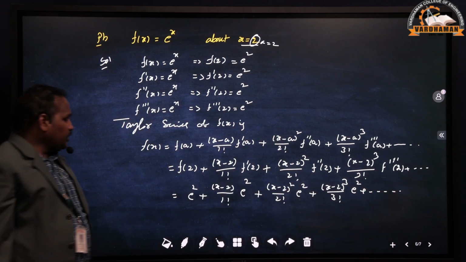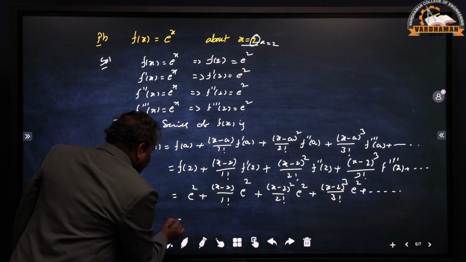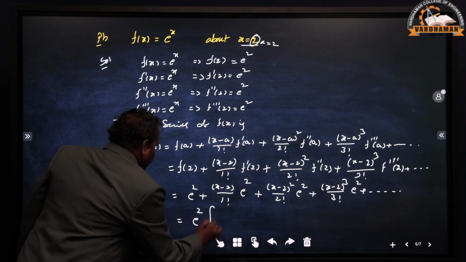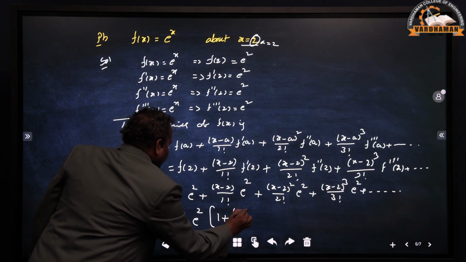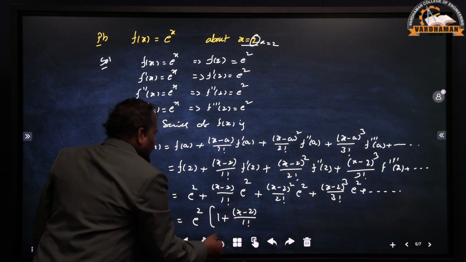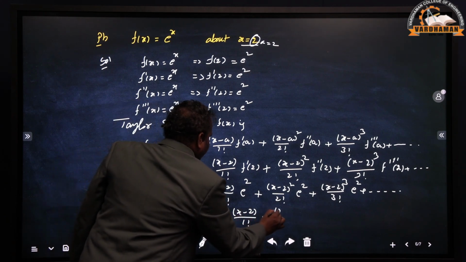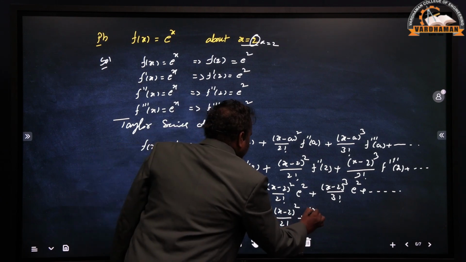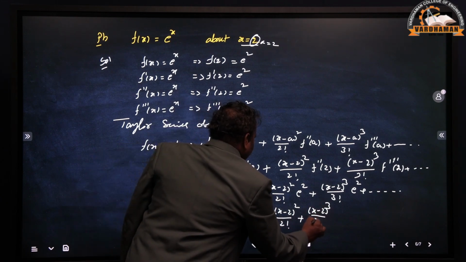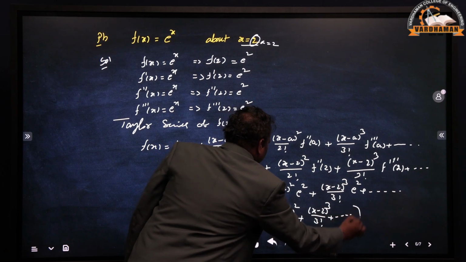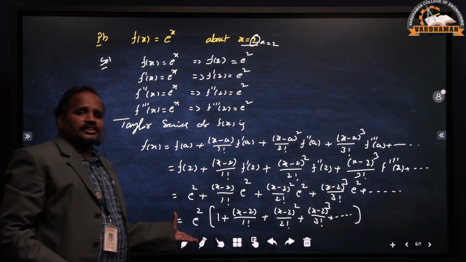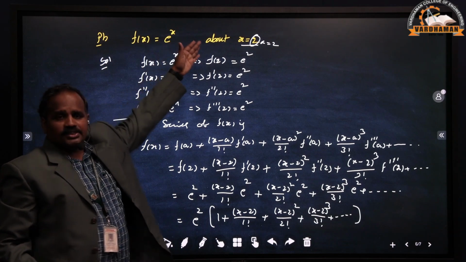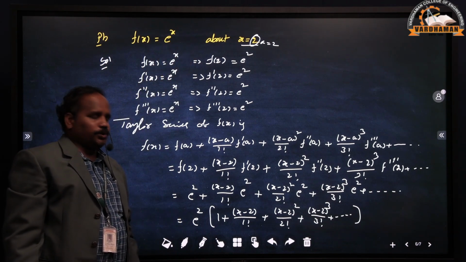If we observe each and every term, e square is common, take out that one: e square into 1 plus (x minus 2) by 1 factorial plus (x minus 2) whole square by 2 factorial plus (x minus 2) whole cube by 3 factorial plus and so on. So this is the Taylor series expansion of e power x about x is equal to 2.